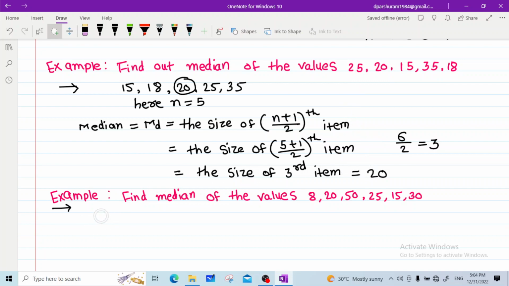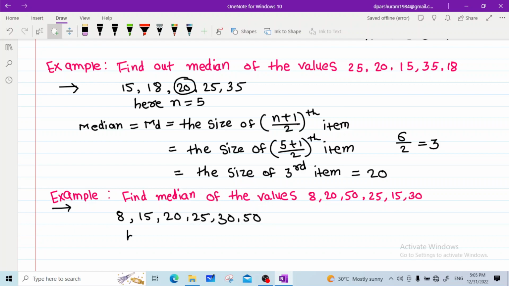Now we see the second example: find the median of the values 8, 20, 50, 25, 15, 30. First we arrange these values in ascending order, that is 8, 15, 20, 25, 30 and 50.